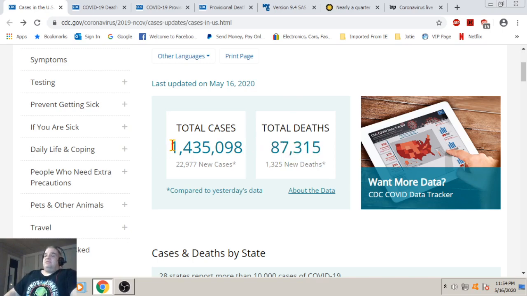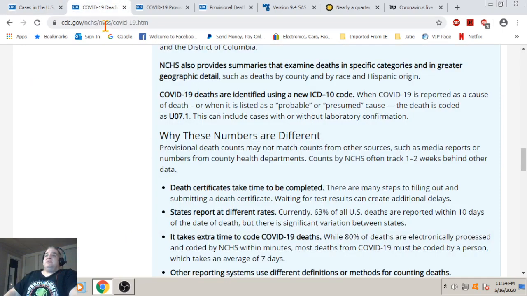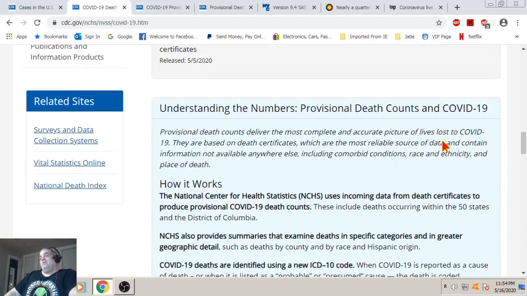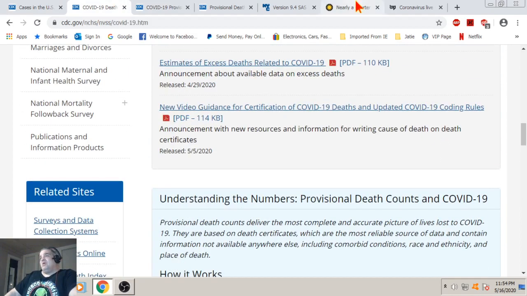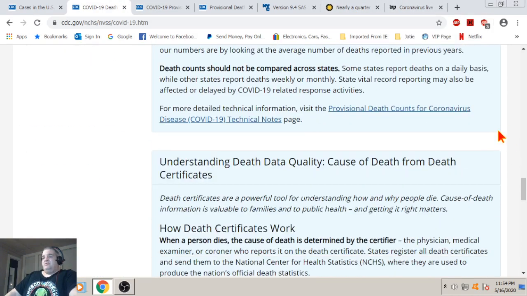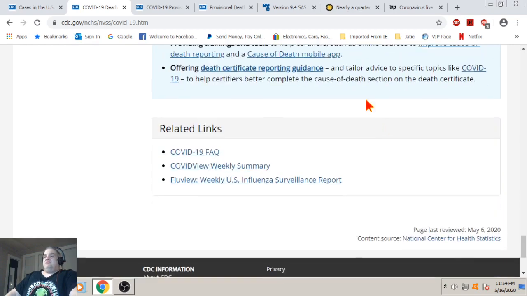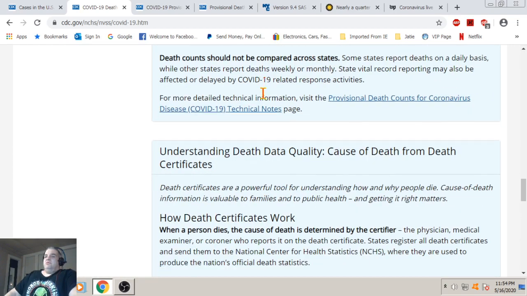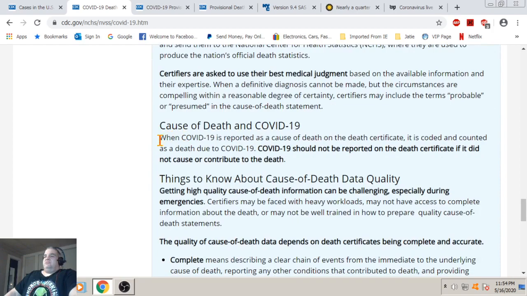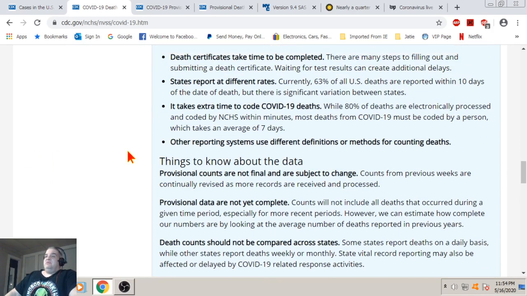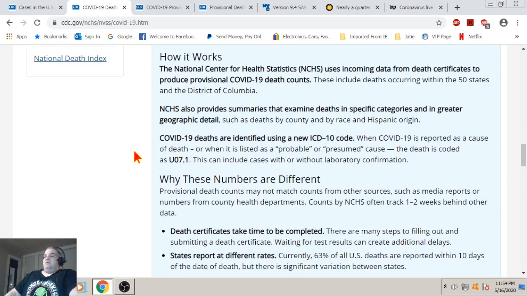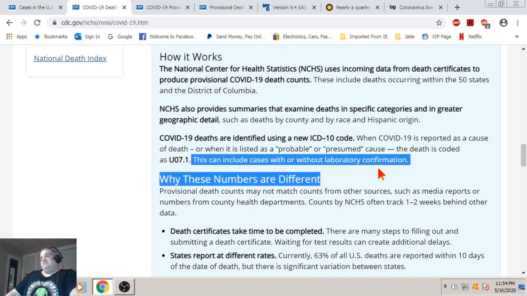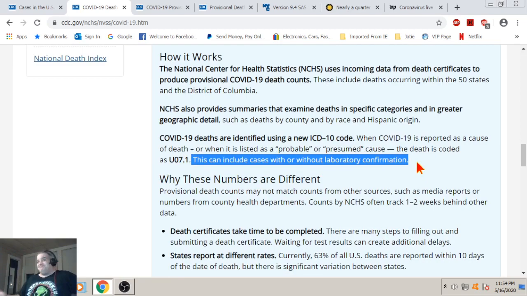Total number of cases. We're having issues with this because of what happened with them on the Colorado incidents, where they put this disclaimer in, which I already showed you. Understanding how everything works, right here they say do not report it, and then they go up here and say, by the way, we're going to count COVID deaths even if it doesn't have laboratory confirmation.